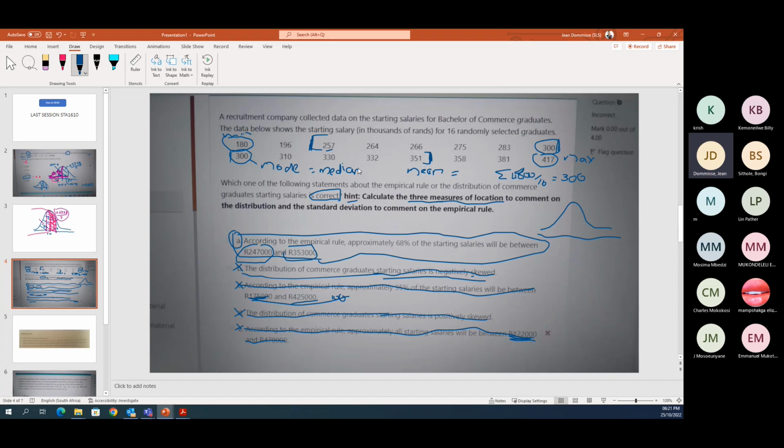Then I just count how many there are. So it's 1, 2, 3, 4, 5, 6, 7, 8, 9, 10, 11. And 11 divided by 16 will give you 68%. Okay.